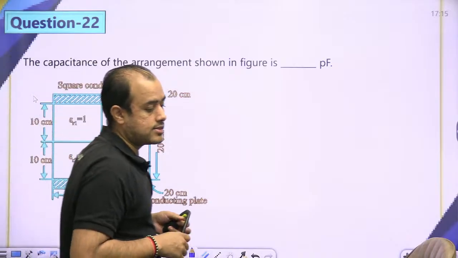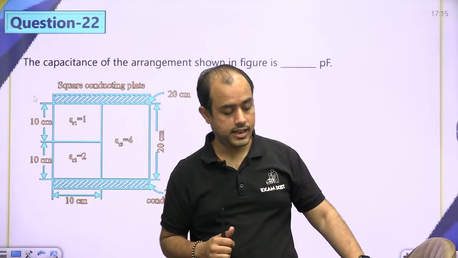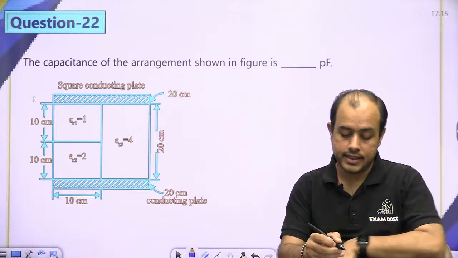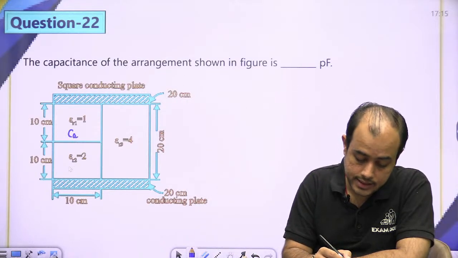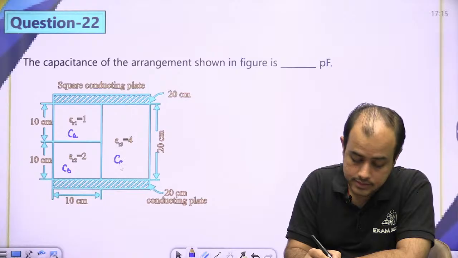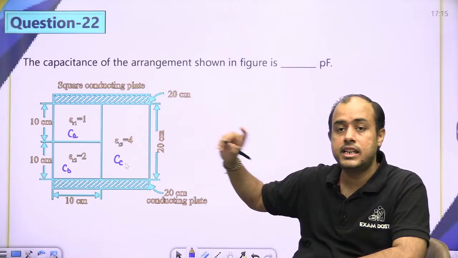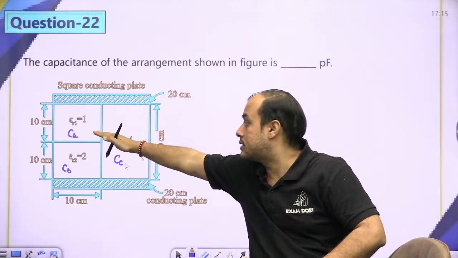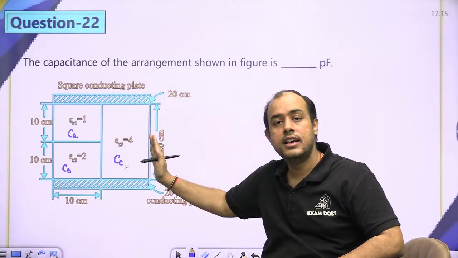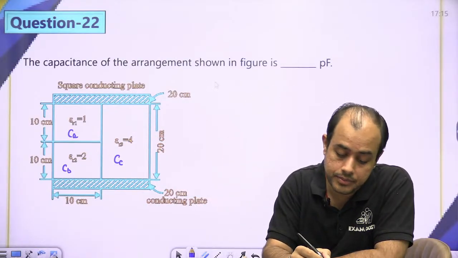Now capacitance of this arrangement, okay. So let me say there are 3 capacitances, CA, CB, CC. Now CA and CB are connected in series because they are divided along thickness, while CC is parallel.